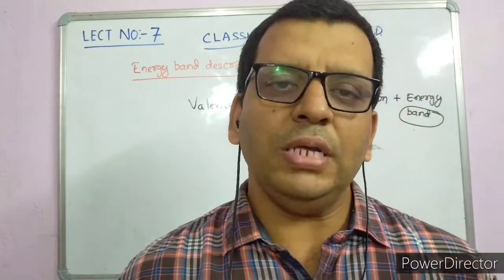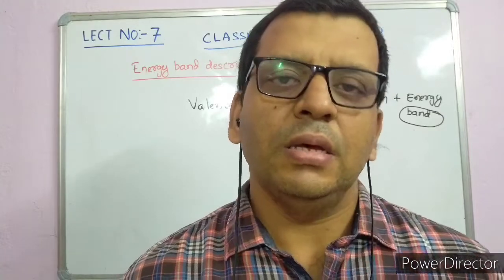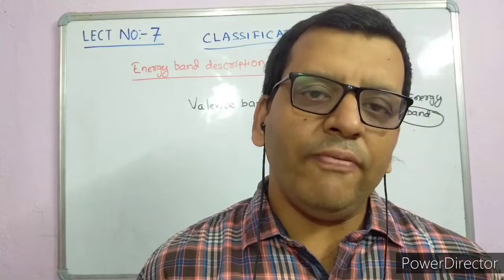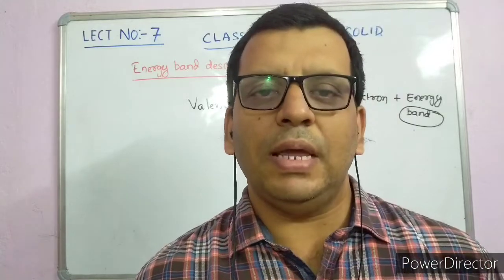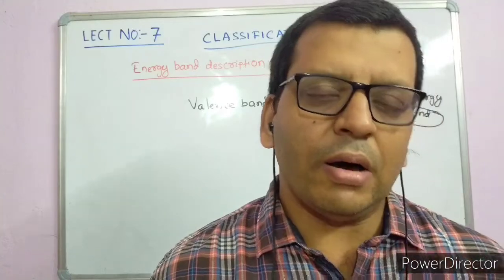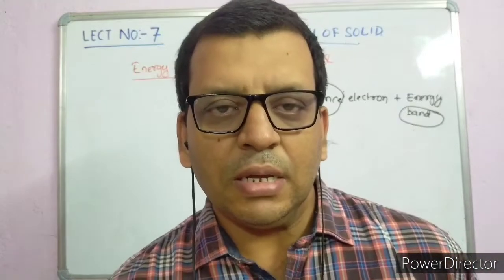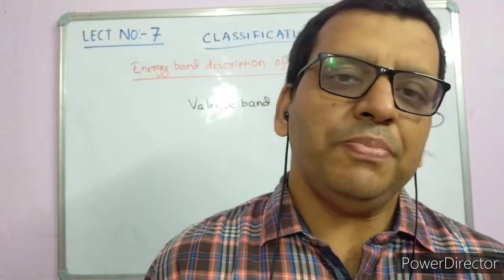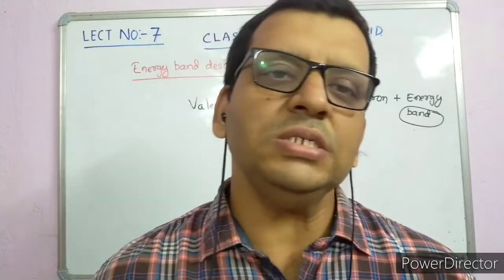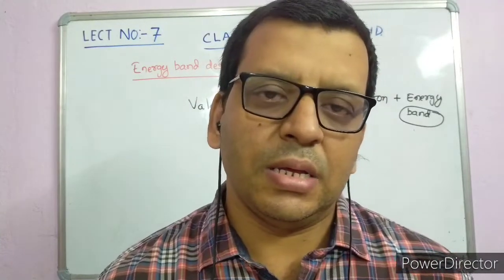So the valence band is the range of energies possessed by the electrons present in the valence shell, or the range of energies possessed by the valence electrons.